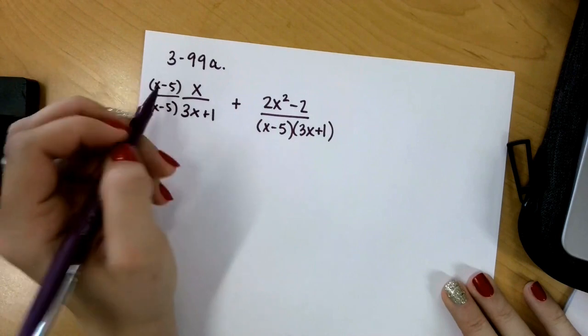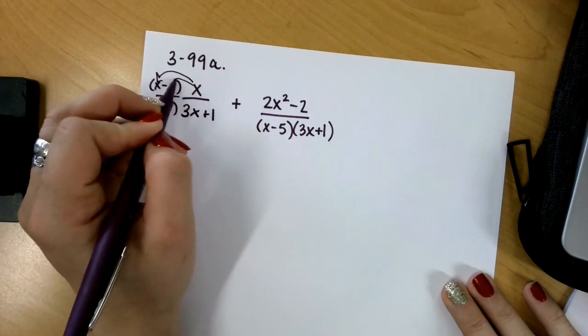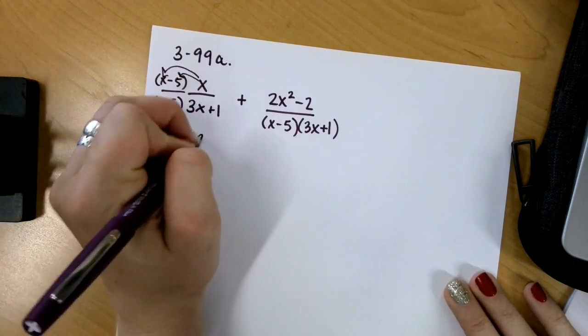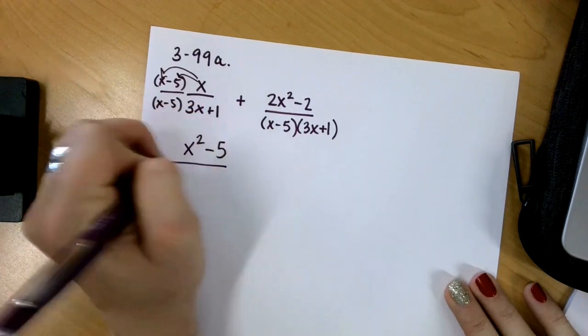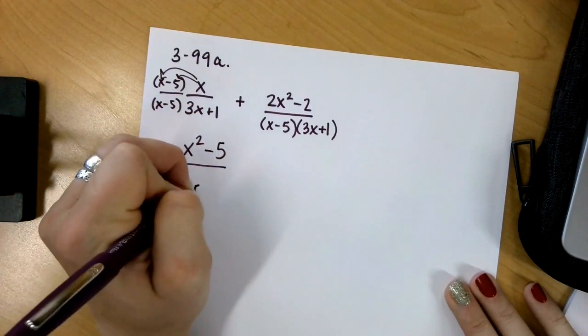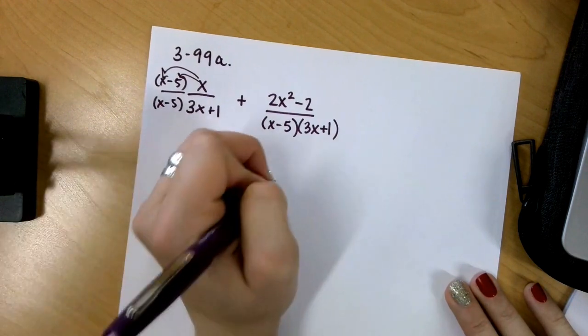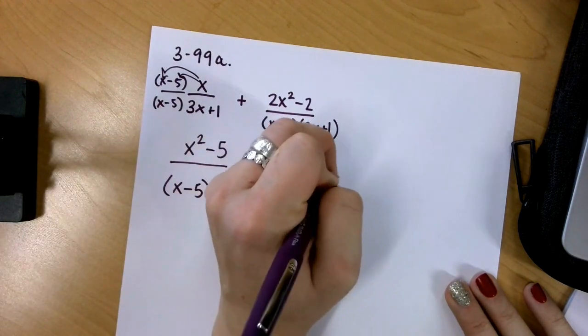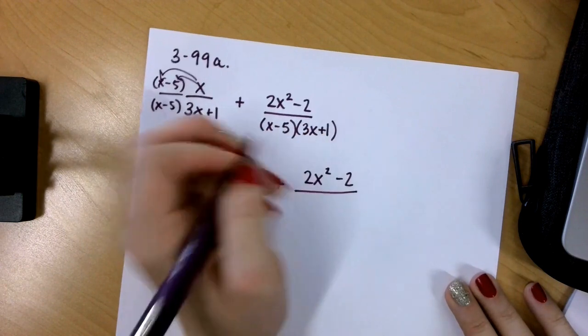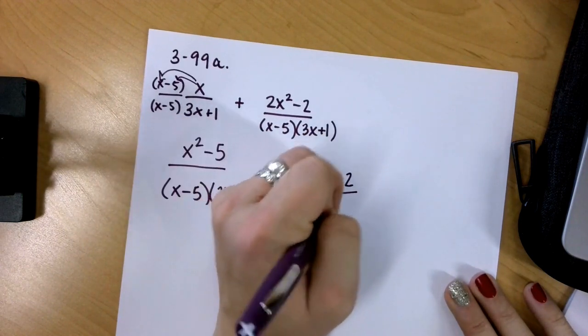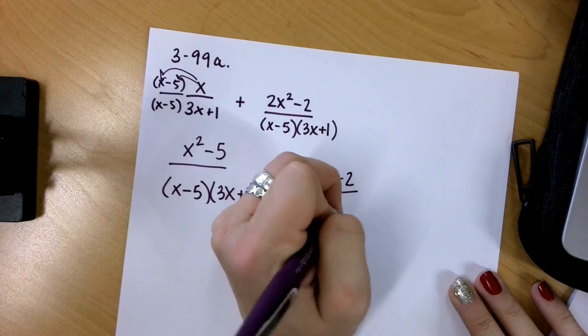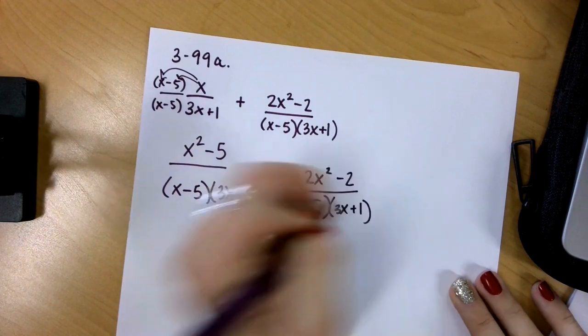So then I end up with, when I distribute my x, x squared minus 5x over x minus 5 times 3x plus 1, plus 2x squared minus 2 over x minus 5 times 3x plus 1.